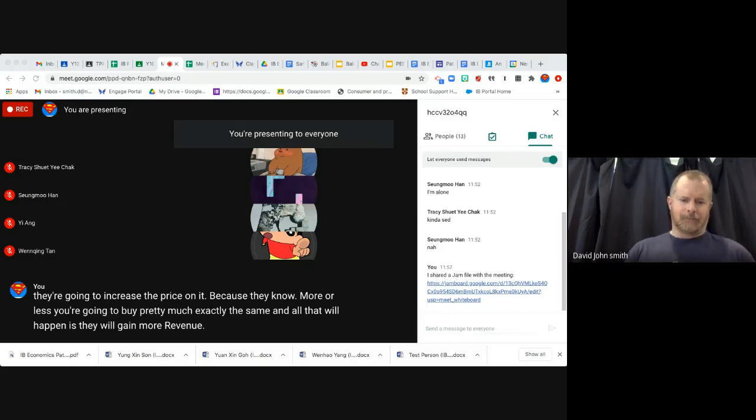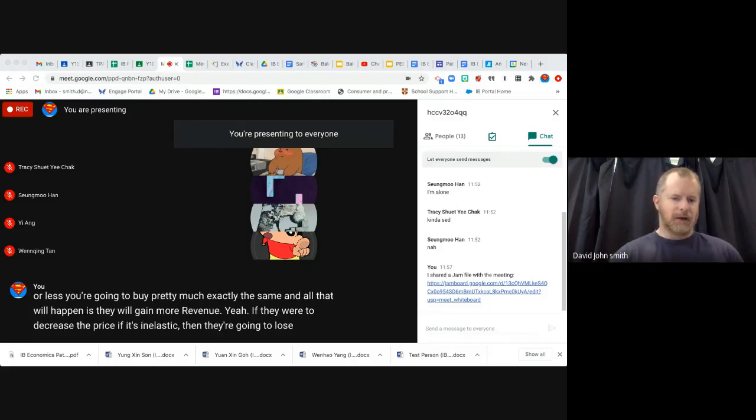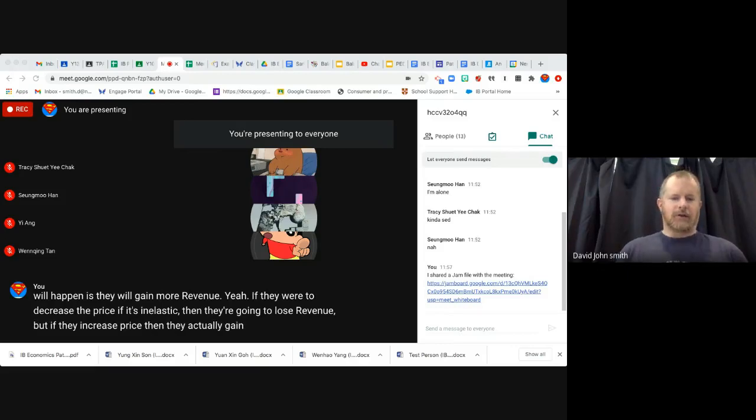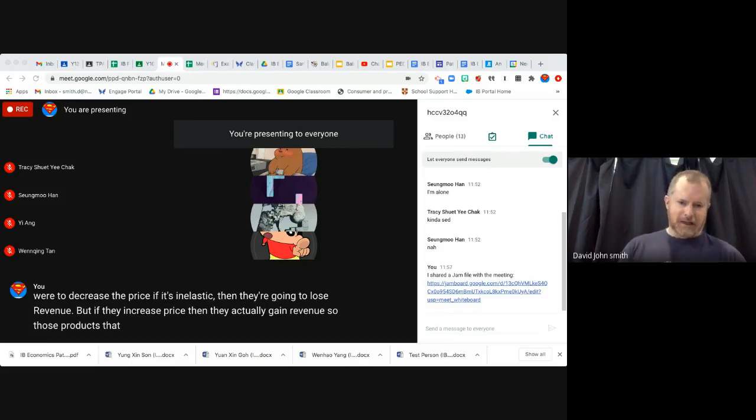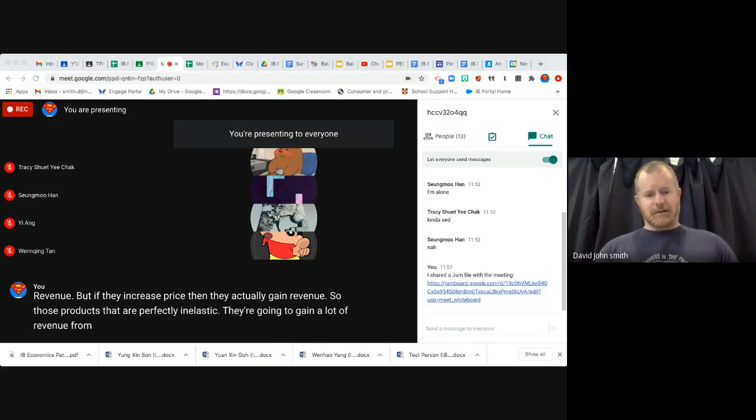If they were to decrease the price, if it's inelastic, then they're going to lose revenue. But if they increase price, then they actually gain revenue. So those products that are perfectly inelastic, they're going to gain a lot of revenue from raising the price. All right, so I'll shrink that back down and go back to slides.